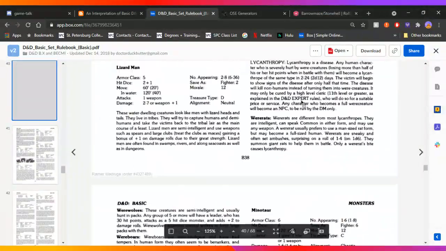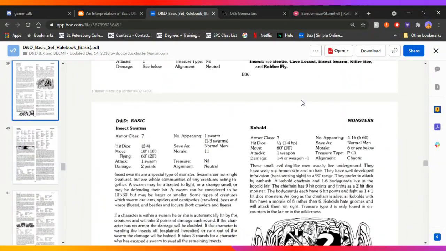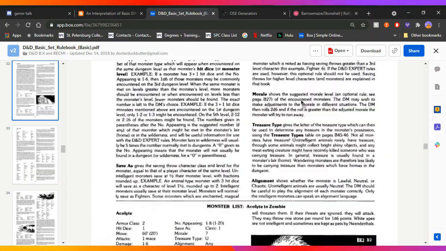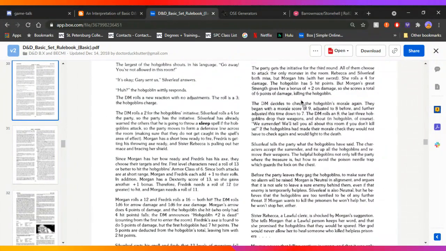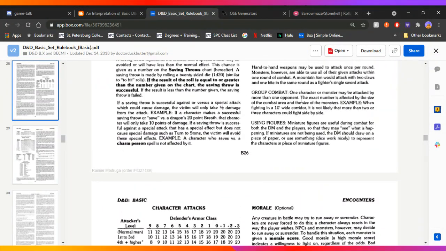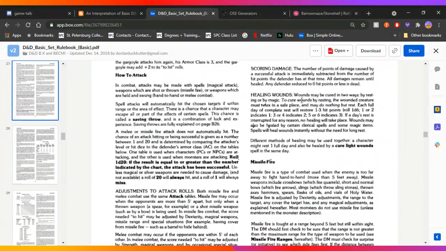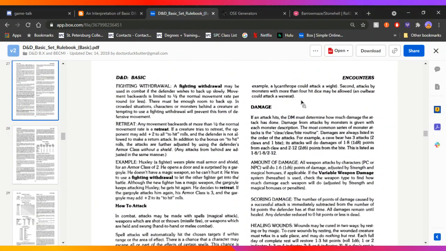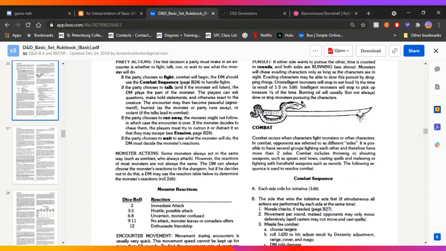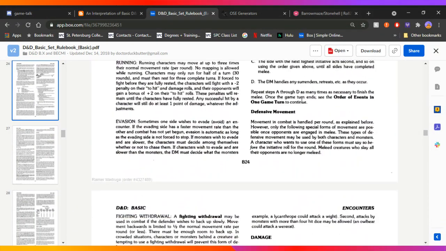On B24 is the statement here, where they're doing kind of GM advice. This is kind of like their GM section of the book. 24. Oh, 24 is where I was at before.